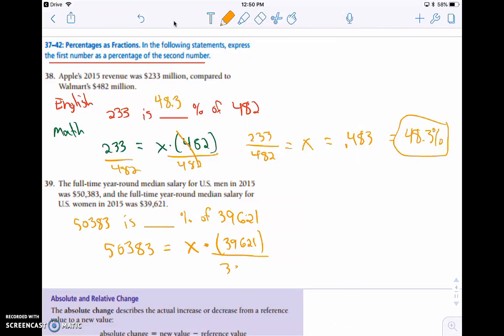So I'm going to divide by 39,621, and I get X equals 50,383 divided by 39,621. That comes out to approximately 1.272, or as a percentage, 127.2%. Hopefully that makes sense because 50,000 is bigger than 39,000, so you would anticipate it to be a little bit bigger than 100%. So that's our first look at percentages and doing some basic conversions and calculations. We'll continue in part 2.